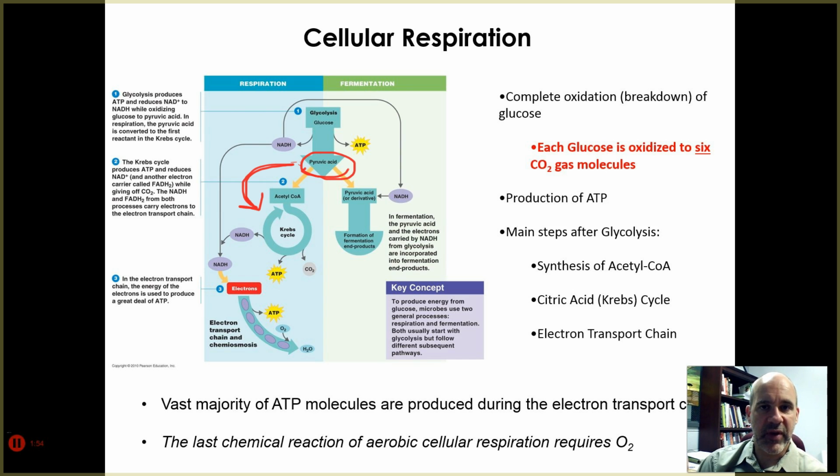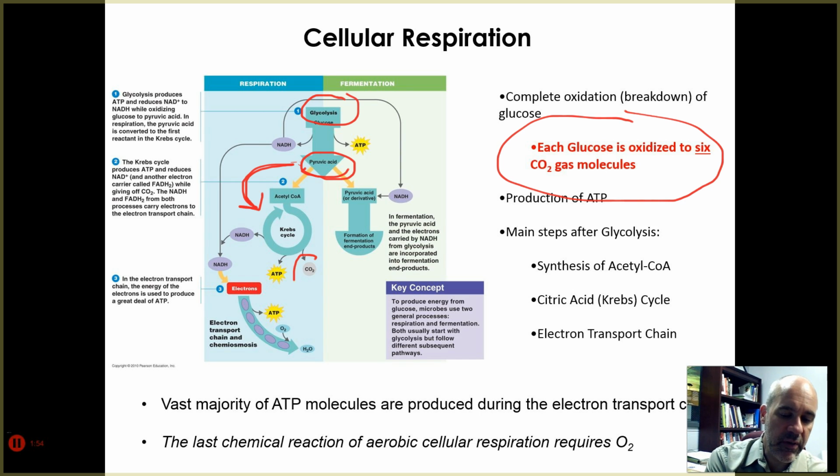And when the Krebs cycle completes, for every molecule of glucose that you started off with up here, that molecule of glucose has been oxidized to 6 carbon dioxide molecules. So glucose has 6 carbons in it. Those 6 carbons are now in these 6 carbon dioxide gas molecules.